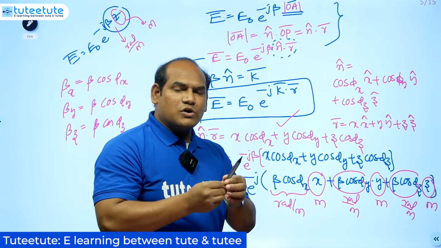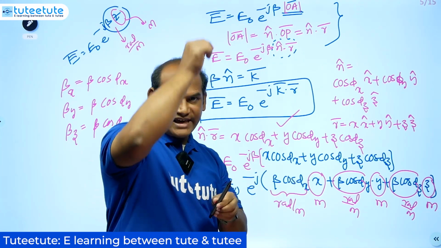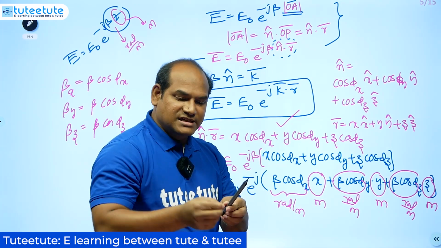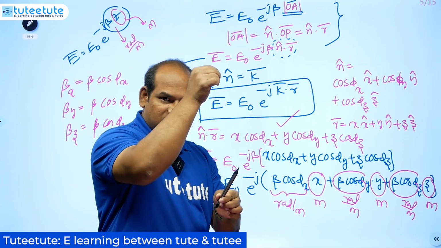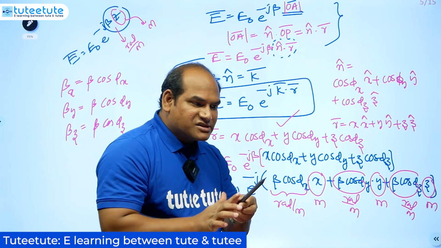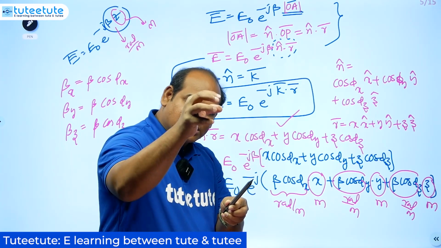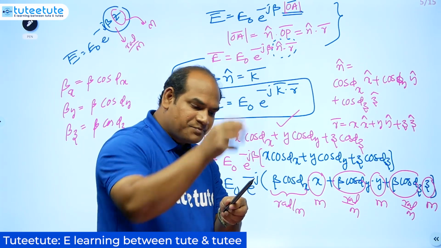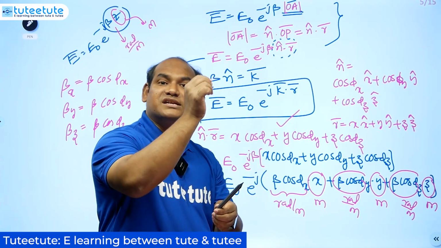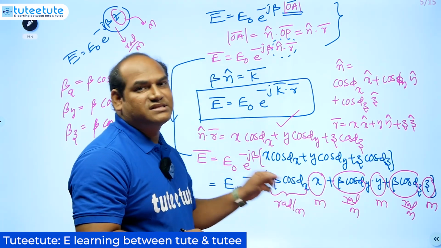Orally the wave is traveling like this. For example, assume this is x direction, this is y direction, this is z direction. Three are perpendicular to each other. But the wave is traveling like this. While it is traveling, the wave components are increasing in the x direction, also in the y direction, and z direction also these are changing. That's why the representation involves all the variables x, y, z.